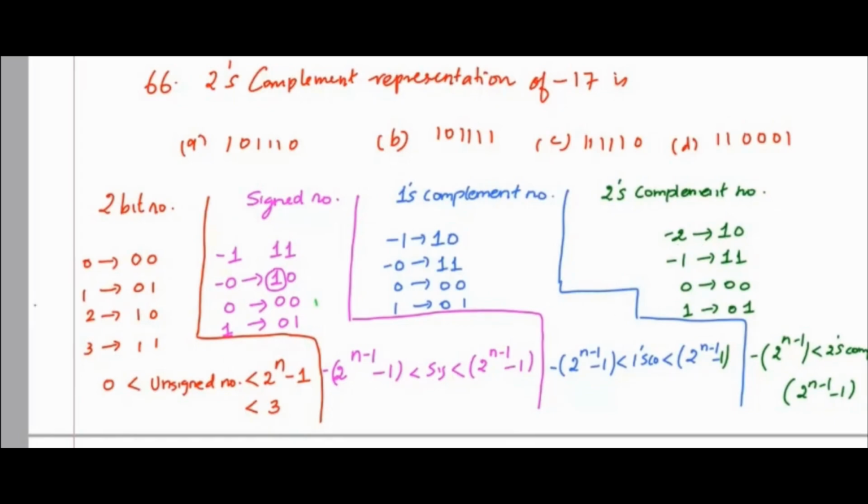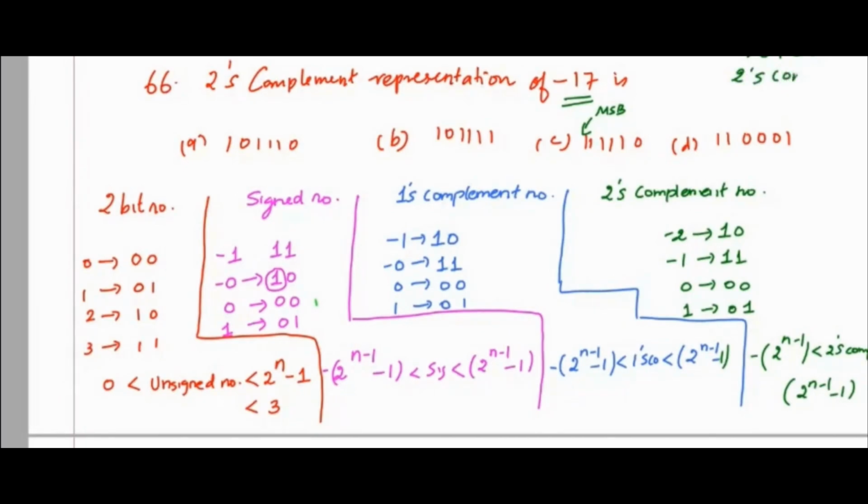Why? Because 10 is already 2, right? But we can't represent 2. So the range is from minus 2 power n minus 1 to 2 power n minus 1 minus 1, so it has to be from minus 2 to 1.